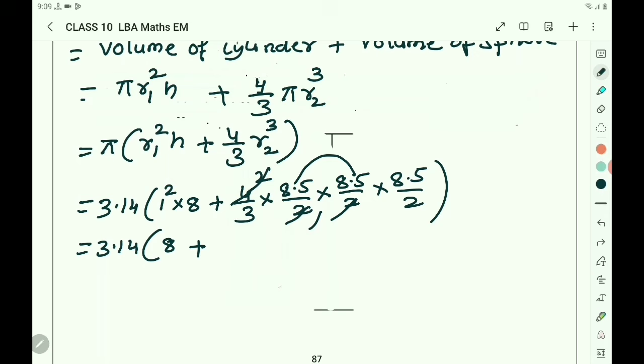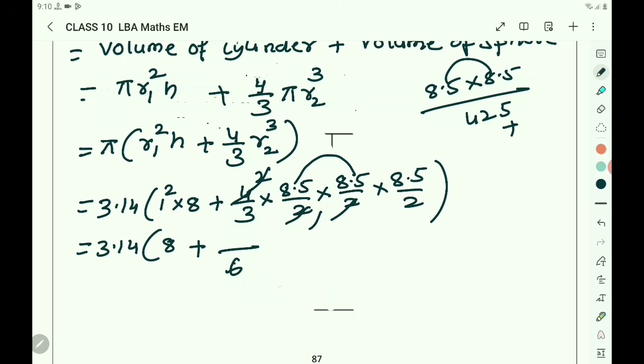The product of these 3 is to be done. Here 3 into 2, 6 is remaining, write 6 here. Then 8.5 into 8.5. 5 5s are 25. 2 carry. 5 8s are 40 plus 2, 42.